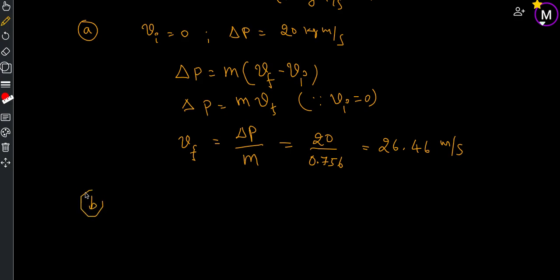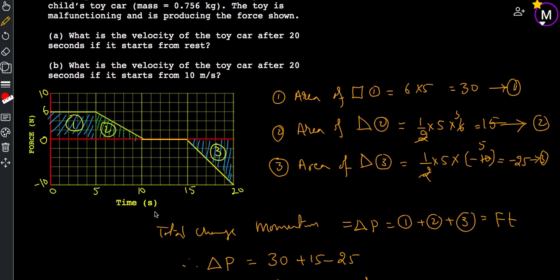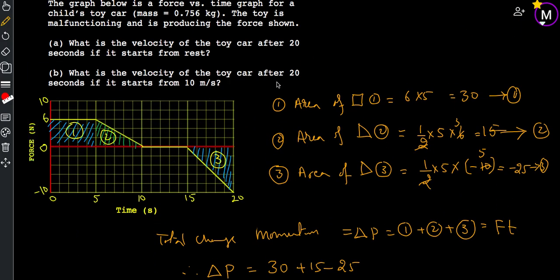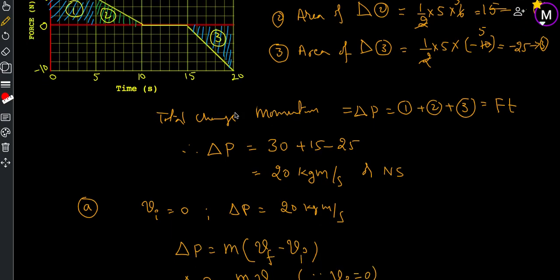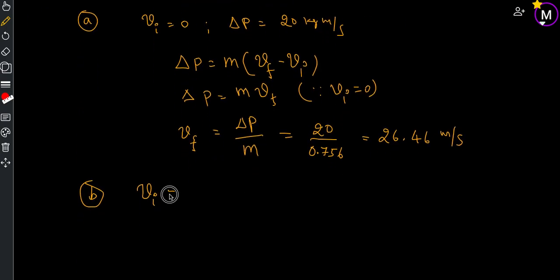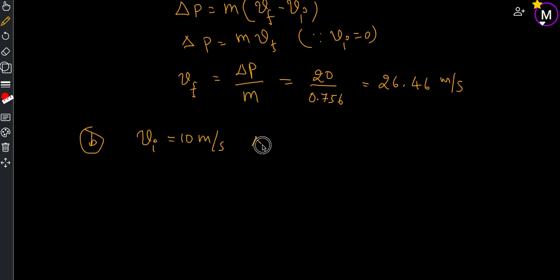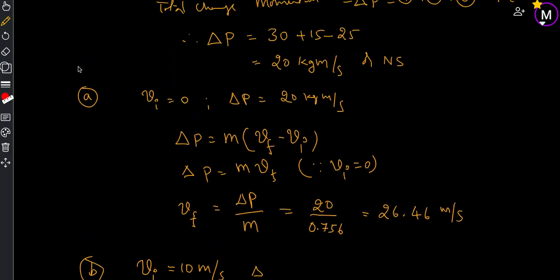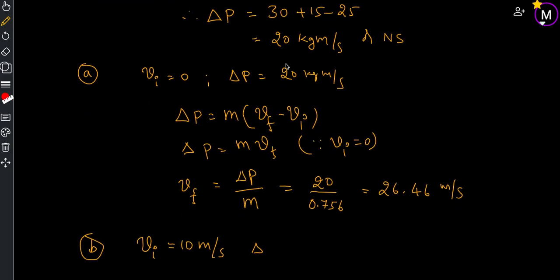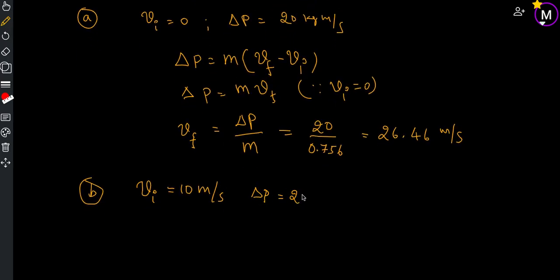Now B: what is the velocity of the toy car after 20 seconds if it starts from 10 meter per second? That means the initial velocity is given as 10 meter per second. The change in momentum from 0 to 20 seconds is the same, because we calculated it from 0 to 20 seconds: delta P equals 20 kilogram meter per second.